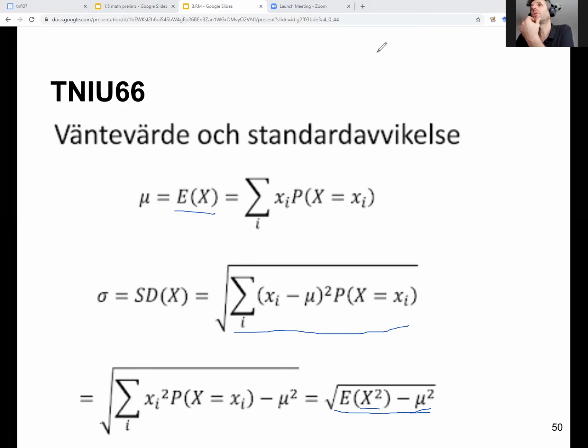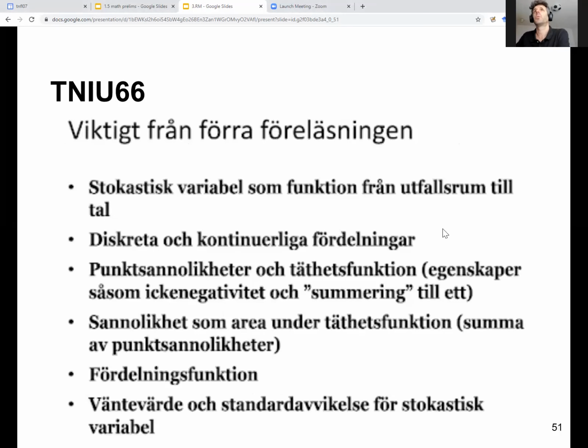So these things should be at least somewhat familiar to you, hopefully. If you don't remember them well, here are some links to what you might have seen before.